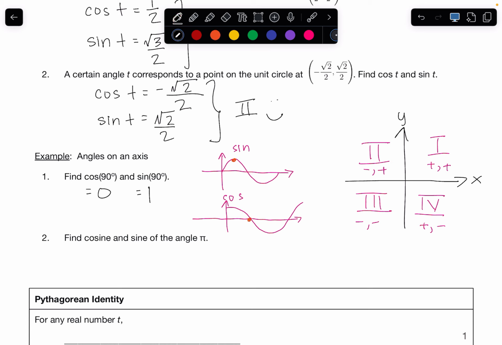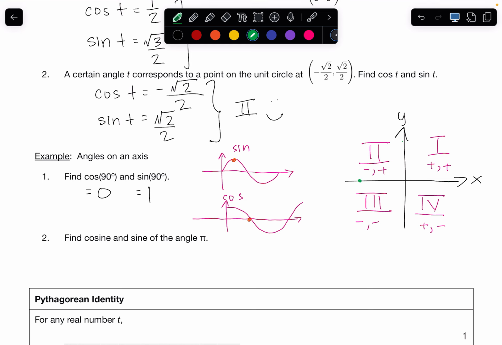Good. Next one says find sine and cosine for pi. Sine and cosine for pi. I'm pretty sure 0 degrees is the positive x, 90 degrees is the positive y, 180 or pi would be the negative x. I'm sitting over here.